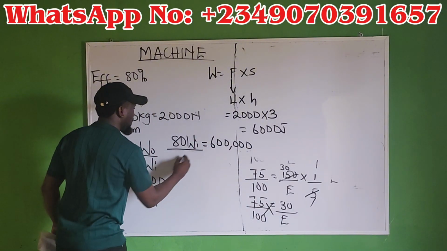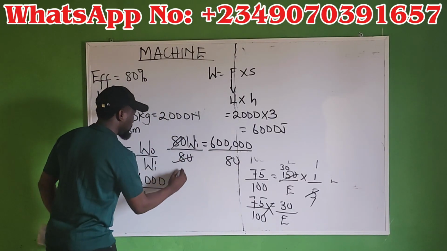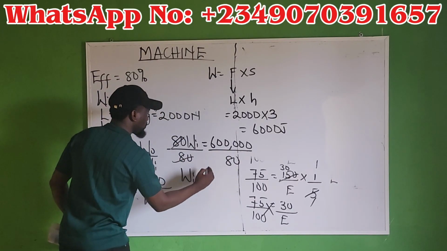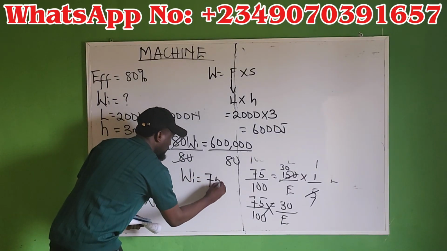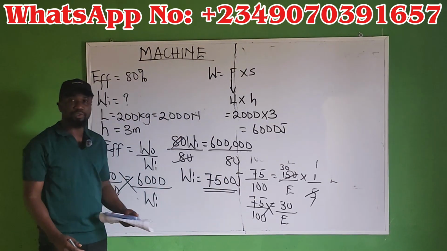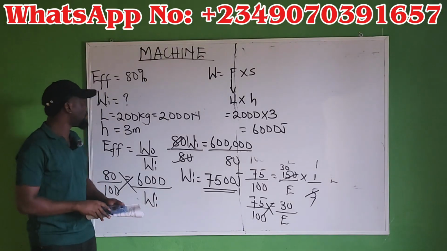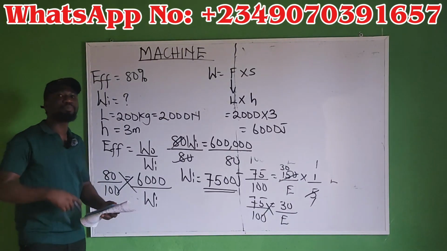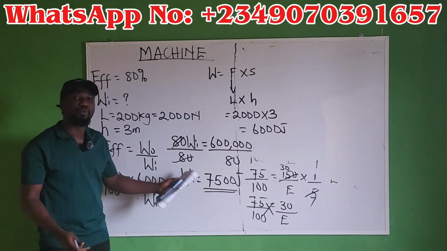So divide both sides by 80. So 80 cancels 80. What is 600,000 by 80? That is 7,500 joules. So work input is 7,500 joules.